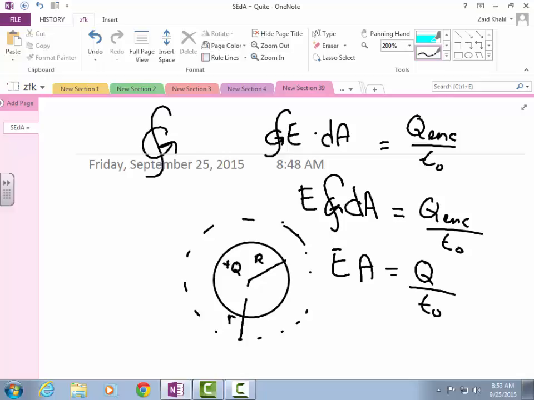First, I'd have to parameterize this curve, and then find out the angle between the electric field and each of these points, whatever that electric field function was. But we're not going to be dealing with those types of complex situations. You'll deal with that in Calc 3.